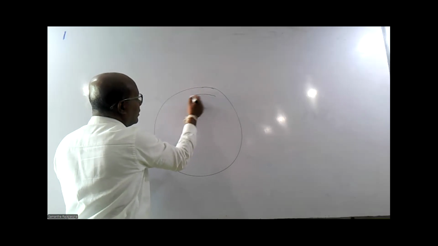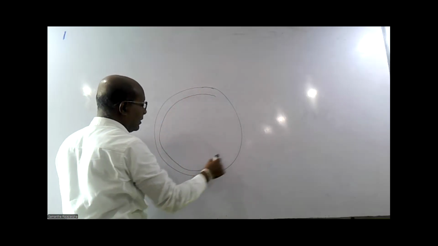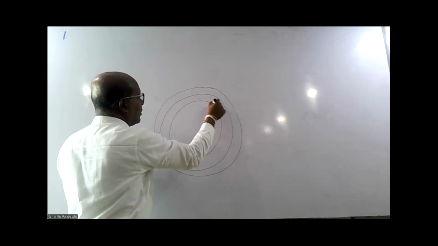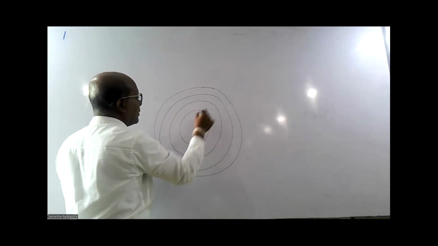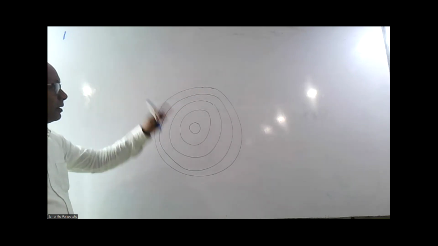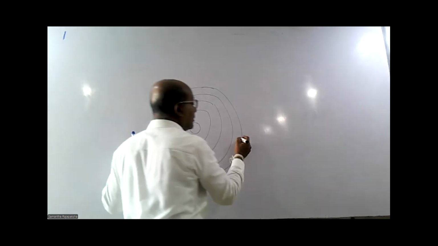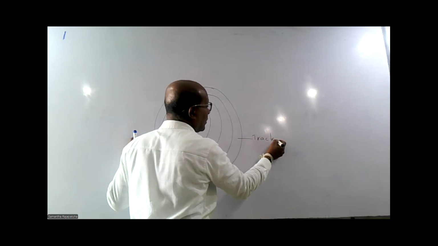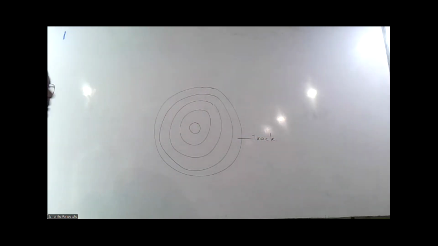And we divide this into circles, we call them a track. So we have concentric circles like this, we call them tracks.